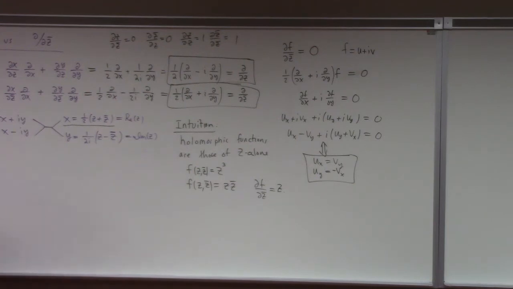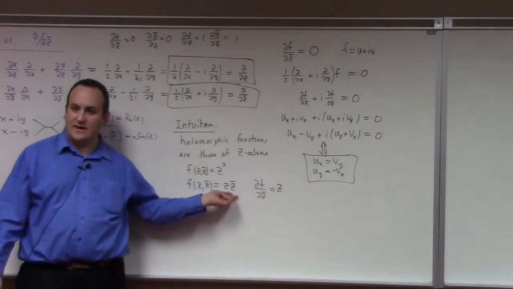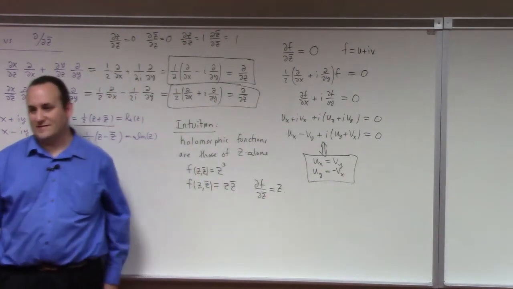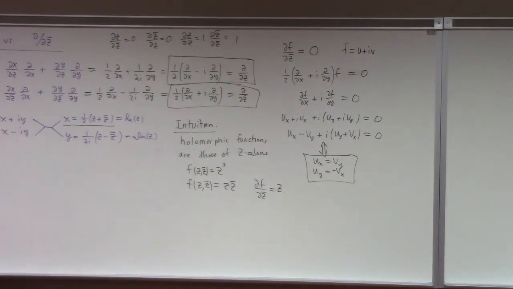Before, we had to do a fair amount of work to see that that was not complex differentiable anywhere. You actually had to think about it. Here, you just look at it and go, oh, it's got z bar dependence. Done. And if you look in Gamelin, he has a little bit more on what you can do with these z bars, but that's about it for us for now, at least.